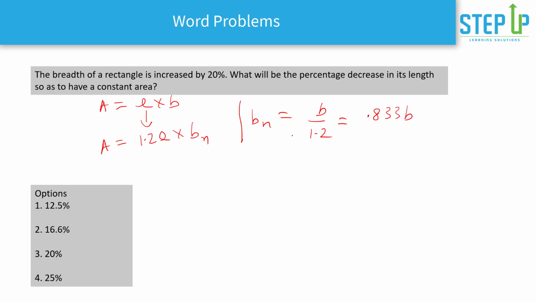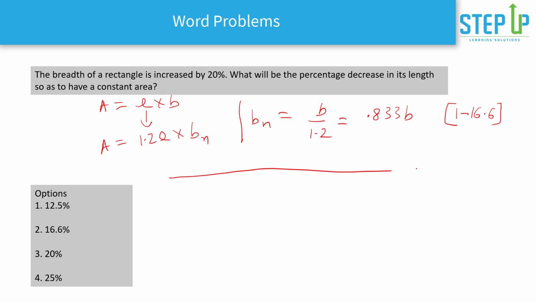That means your new breadth has become 0.833B. That means how much it has reduced by? Initially it was 1. Now it has reduced by how much? 16.6%, isn't it? Right? 0.166, which is nothing but in percentage terms 16.66.